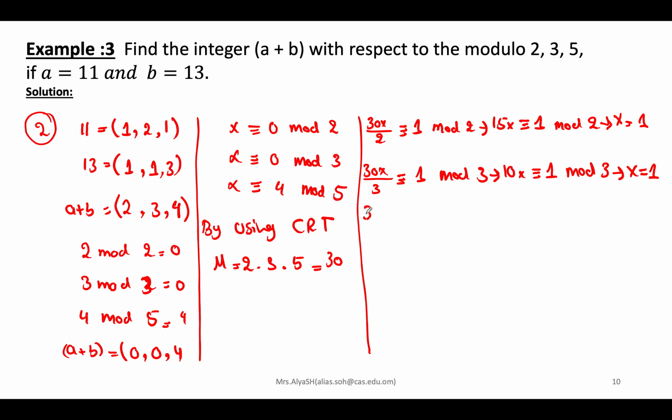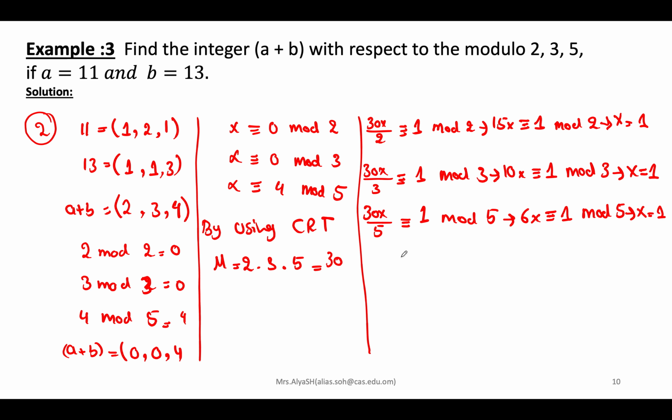And finally 13x divided by 5 is congruent to 1 mod 5, and here when we divided 13 by 5 we got 6x congruent to 1 mod 5, and here we got that x is equal to 1.